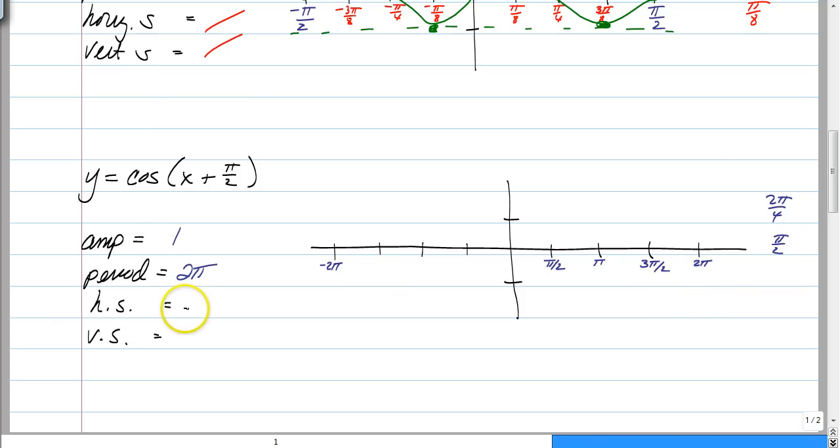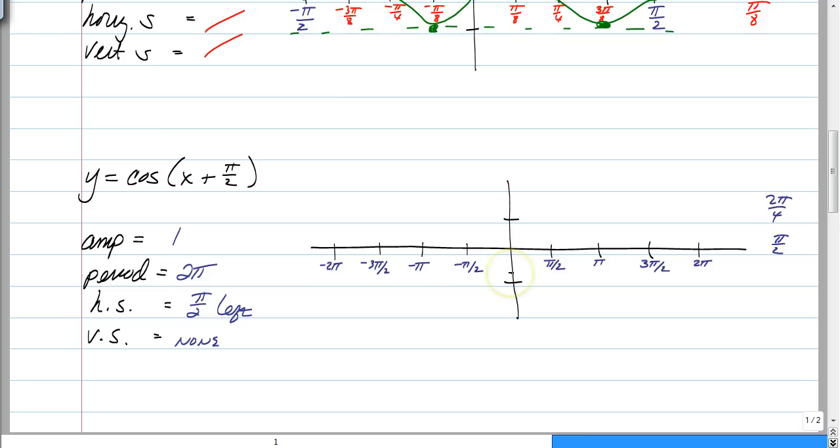Horizontal shift. This is pi over 2 to the left, opposite of what's inside. So since this says x plus pi over 2, we're going to shift it left pi over 2. And there's no vertical shift. So to finish scaling this out, first you have your node line, which again, there is no vertical shift, so it's the x-axis.